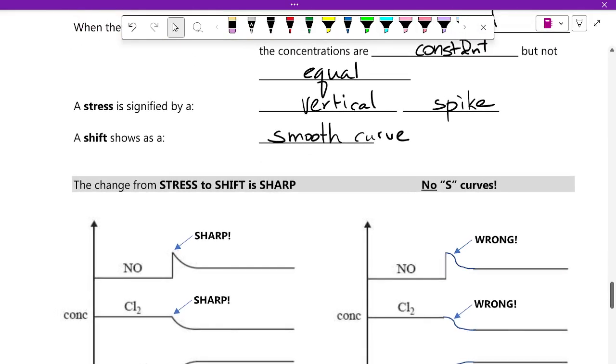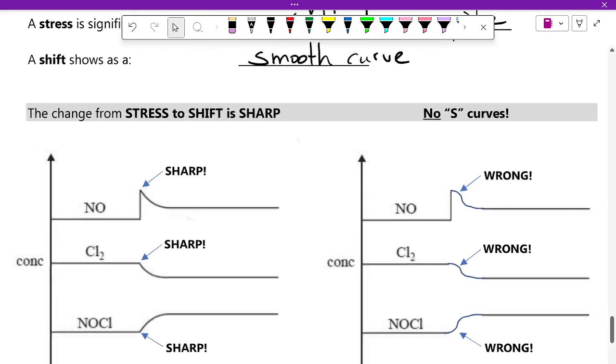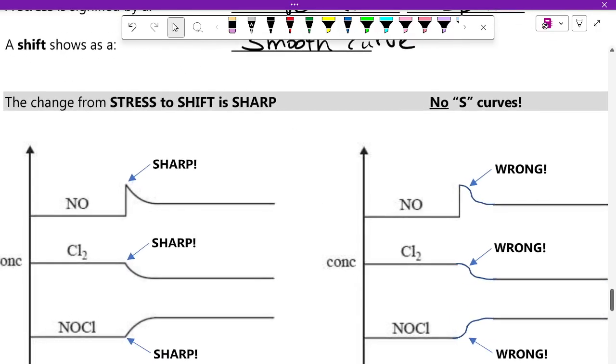Now, most of the time, the change from stress to shift is sharp. Okay, it makes a little point, but not 100% of the time, because occasionally you will get a stress that looks like this, and then the shift will go this way.